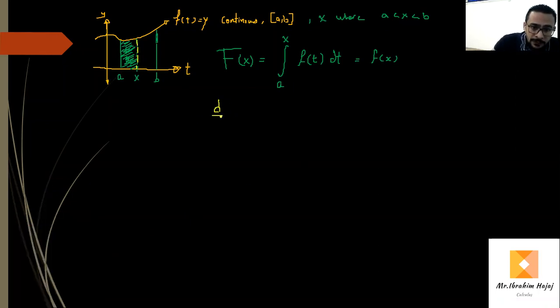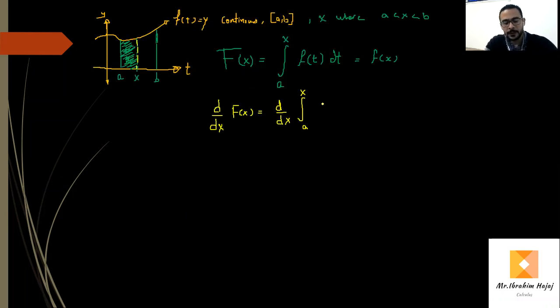To take the derivative, d over dx of this function uppercase F of x is equal to d over dx of the integral from a to x of f of t dt, and this is all going to equal f of x. This is simply what the Fundamental Theorem of Calculus states, FTC. So F prime of x is equal to f of x.